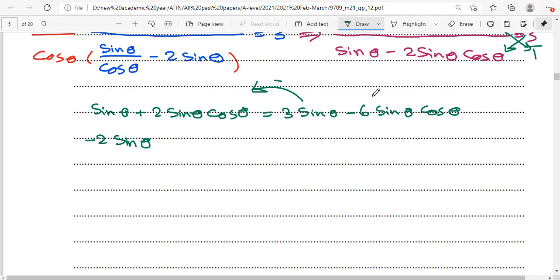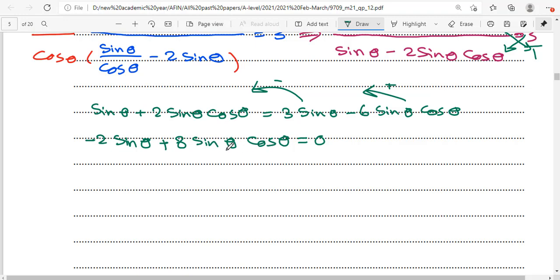Then when this negative 6 sine theta cosine theta goes to the other side, it becomes positive, so it will be 6 sine theta cosine theta. And there's 2 together, so it will be 8 sine theta cosine theta. Okay. And this side, nothing left, it's equal to 0.